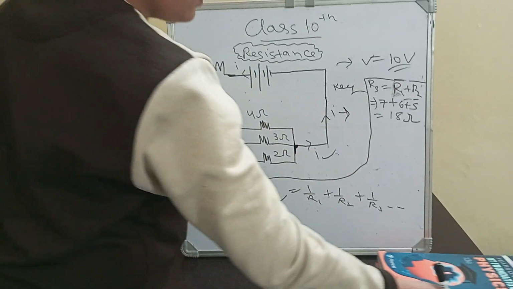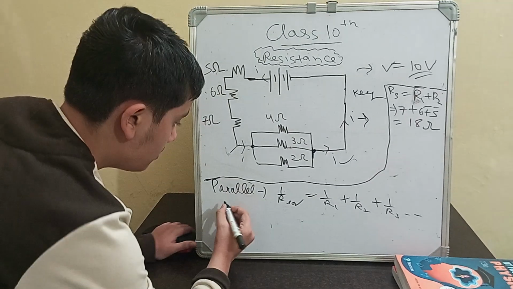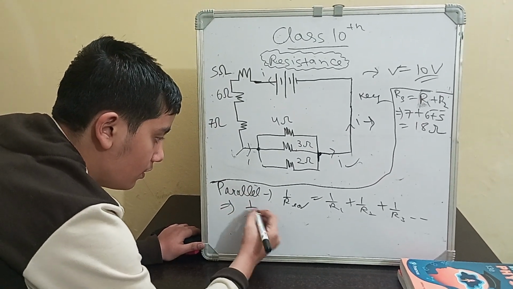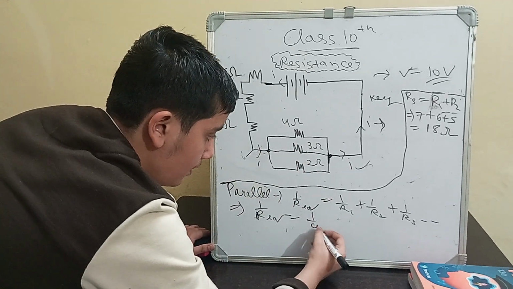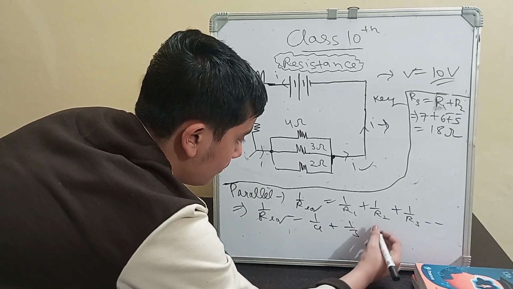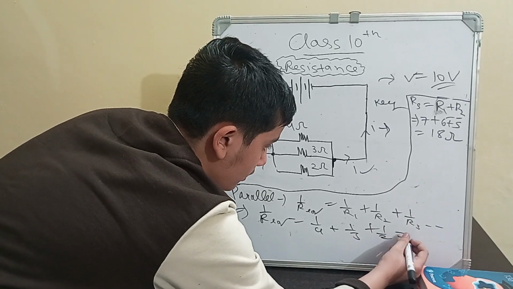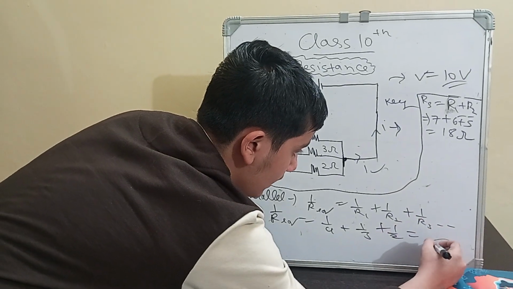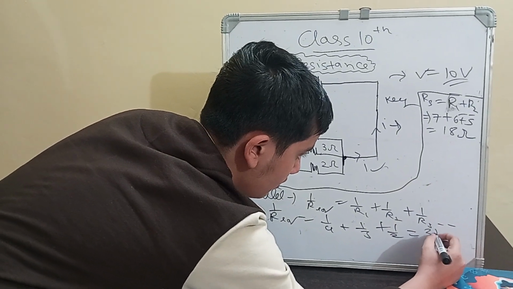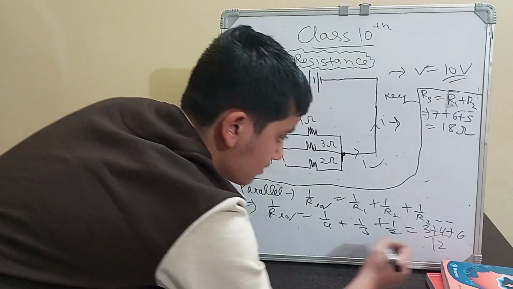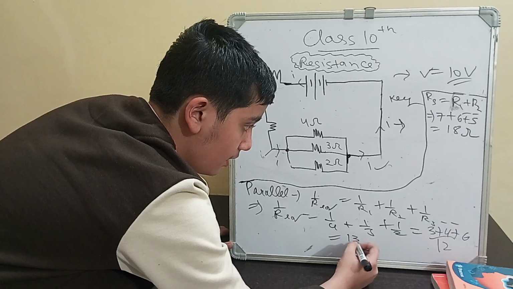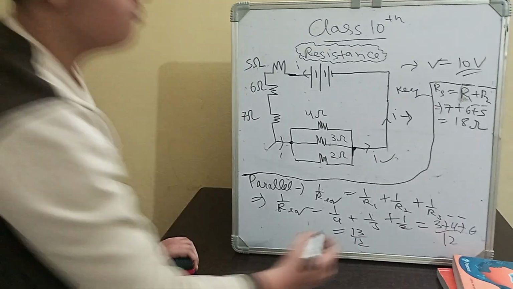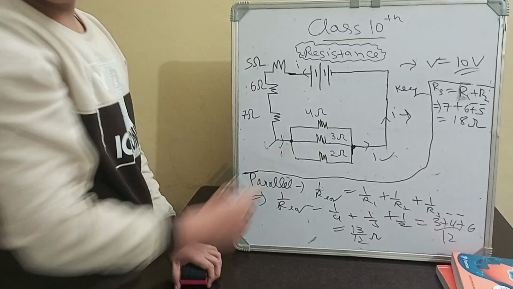Let me keep these books aside for a while. Now see, this is basic maths. 1 upon R equals 1 upon 4 plus 1 upon 3 plus 1 upon 2, which gives you LCM 12, and this gives you 13 upon 12 ohms. This is the answer.